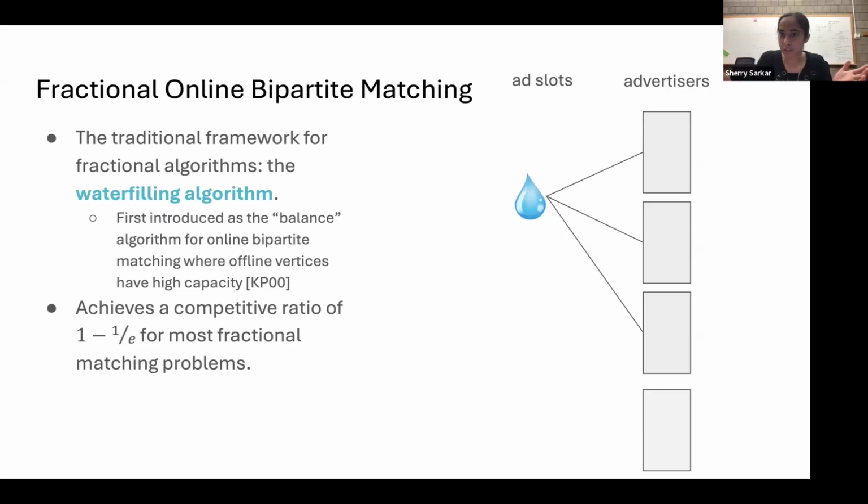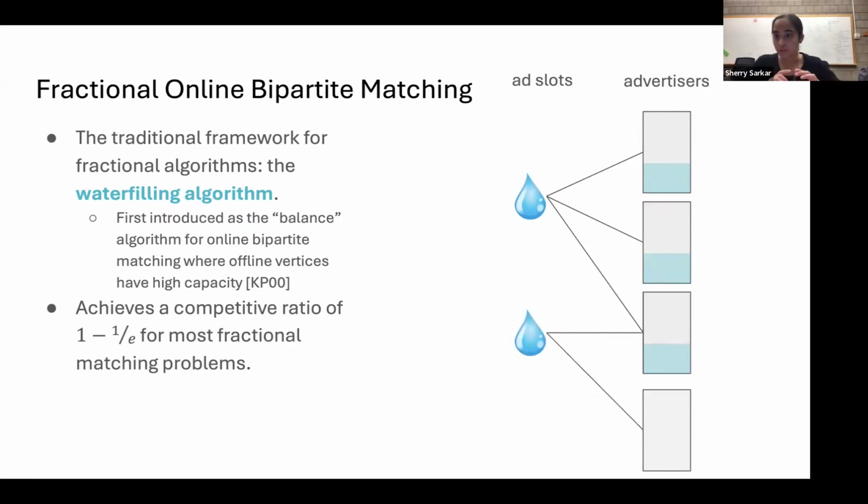So what do we do when a unit of water arrives? The water filling rule states that we allocate water to neighbors at lowest water level at any point in time. So for example, right now, all of our buckets are empty, so we're going to allocate water continuously to each of these three advertisers up until they're 1/3 full.